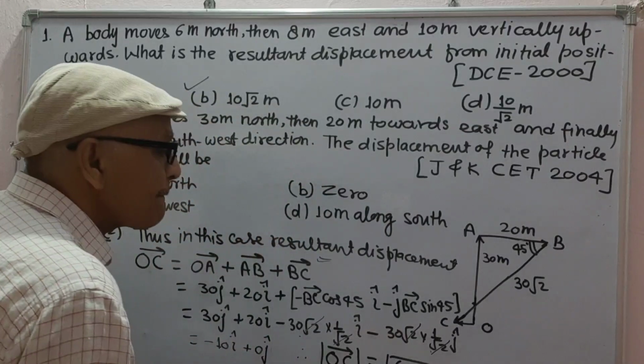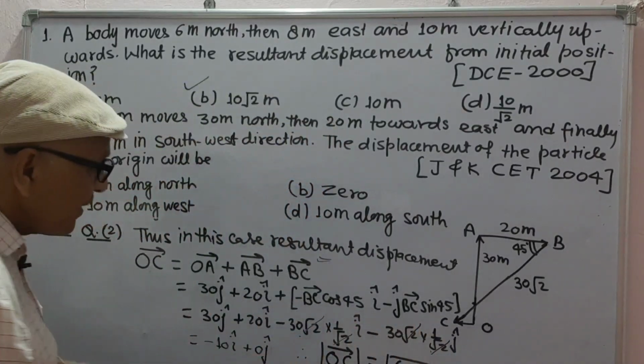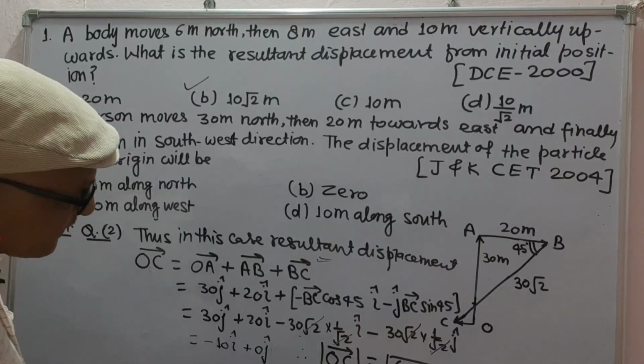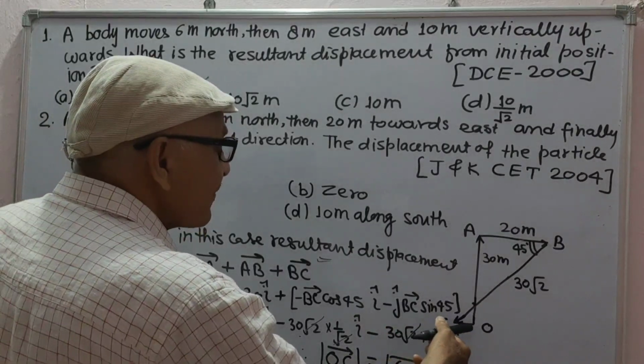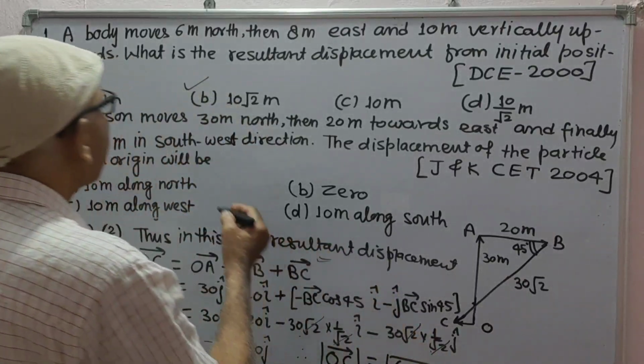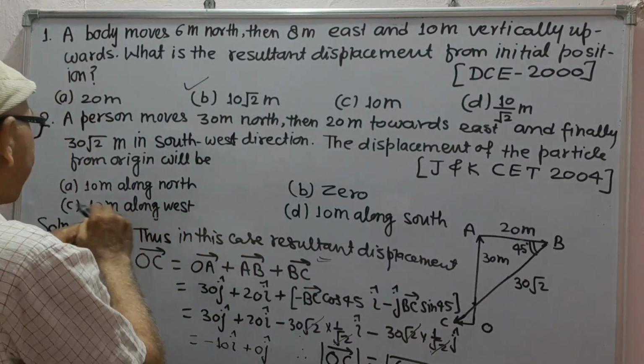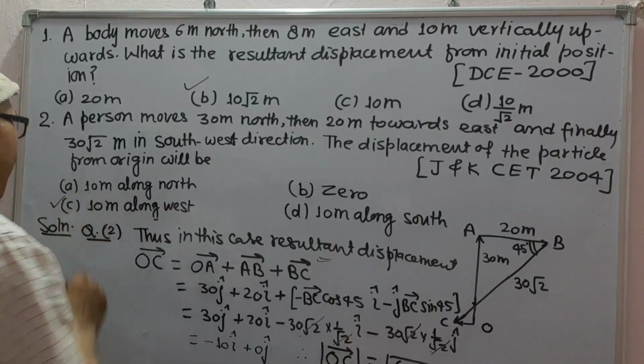So the correct option is 10 meter along west. So, the correct option will be 10 meter along west, option C.